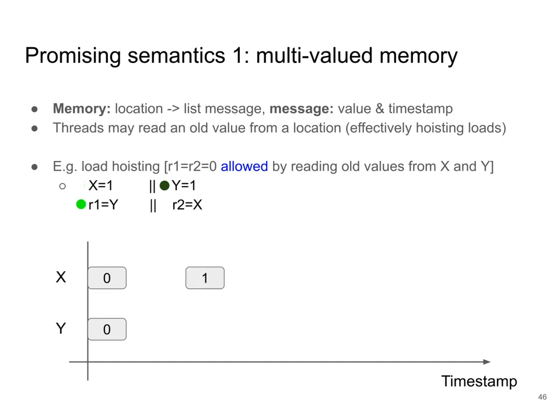At the beginning, we want to execute the left thread, executing x equals 1. At this point, we want to insert a message to the memory. Recall that for each location there is a list of messages, and when x equals 1 is executed, we are going to insert a message.